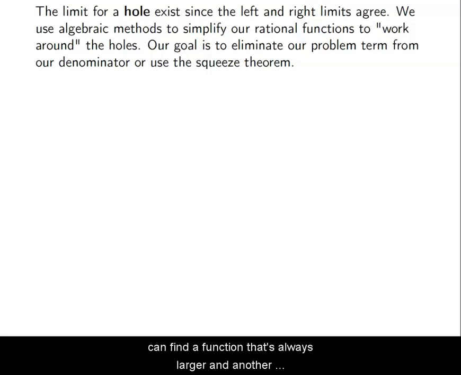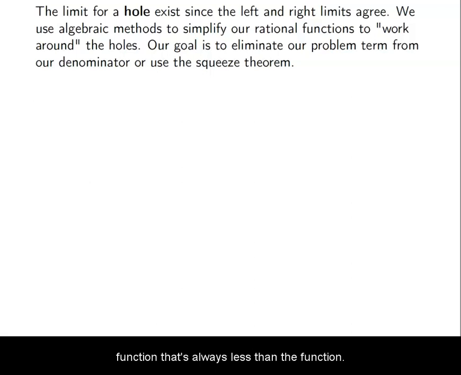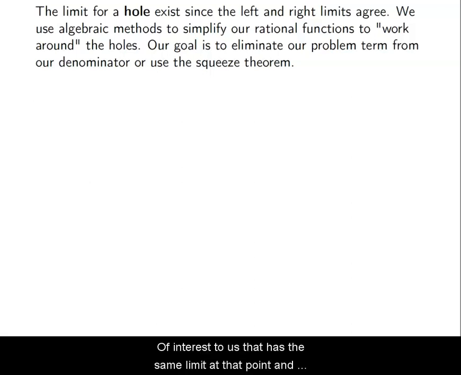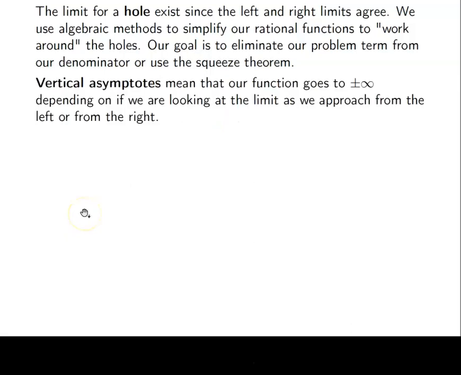So sometimes we can find a function that's always larger and another function that's always less than the function of interest to us that has the same limit at that point, and then we could just use the squeeze theorem to say, hey, this is what the limit is because this function and this function both also go to this value at that point.